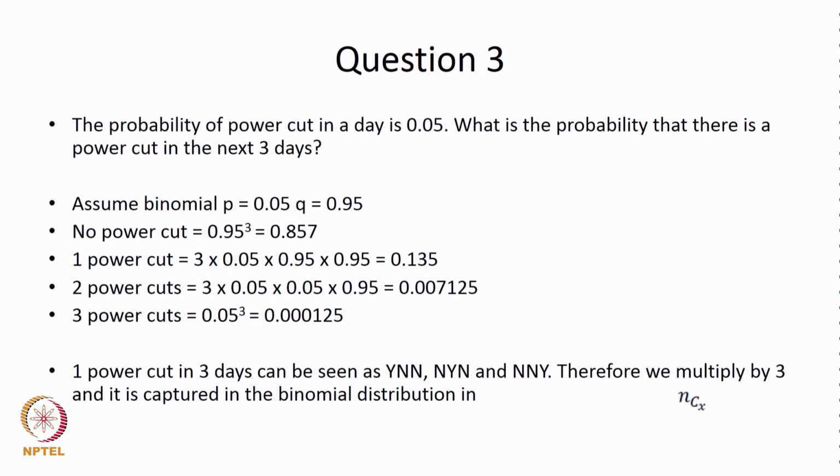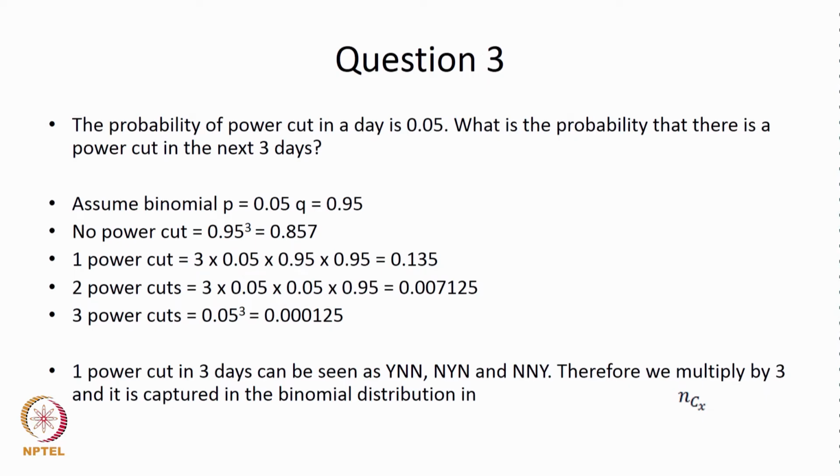So no power cut will be straight away 0.95 cubed, which we have already seen. So this is nCx p power x q power n minus x. So nC0 p power 0 q to the power n minus 0, which is q to the power 3, which is 0.95 to the power 3, which is 0.857.